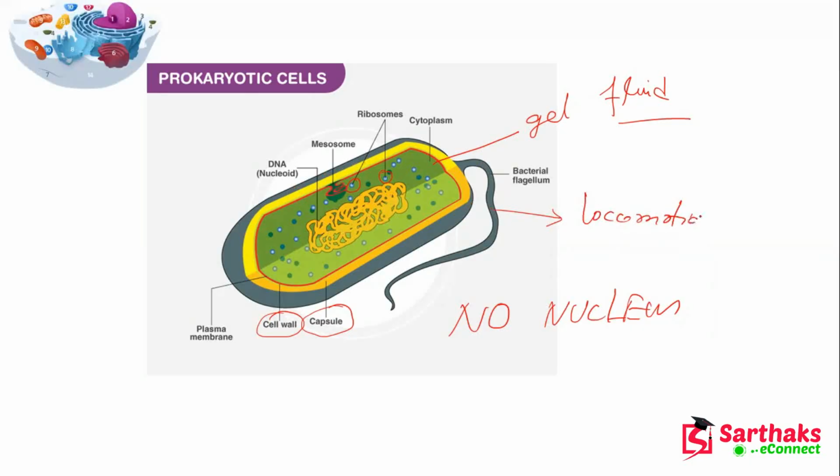So this is the plasma membrane, cell wall, capsule, cytoplasm, ribosomes, mesosome, and DNA. These are the main structures of the prokaryotic cell.